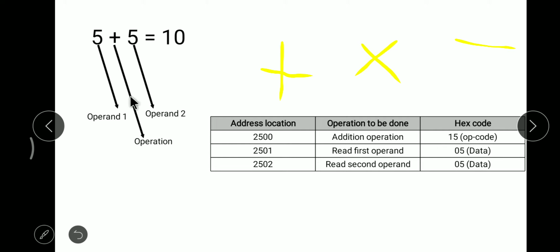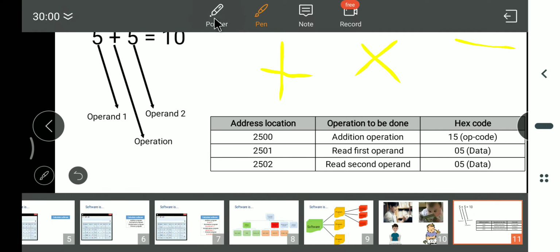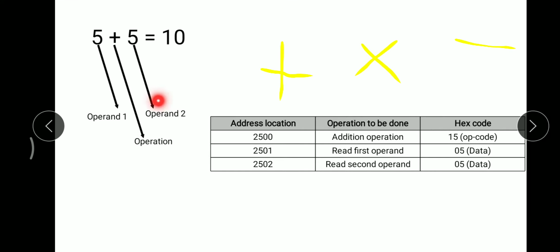So this 5 is operand 1, this 5 is operand 2, and this symbol is what we call the operation. This was fed by our teachers during our schooling itself. They fed each and every item. But the microprocessor doesn't know signs or audio. The data known to the microprocessor is digital information or binary information.